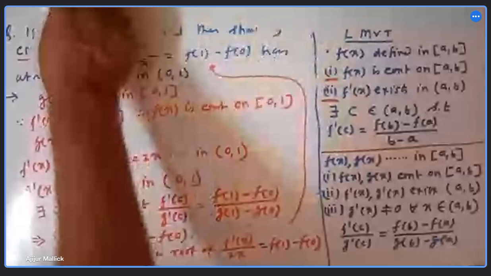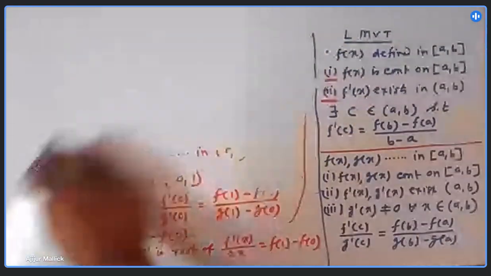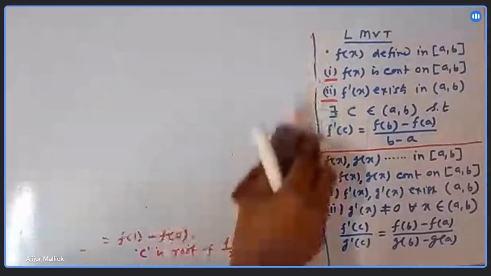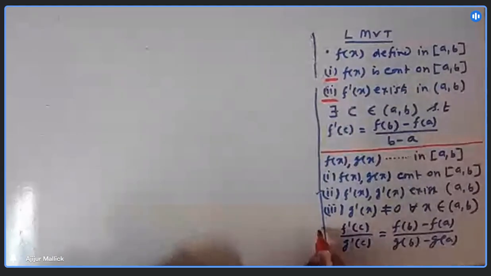Next, write a homework. But one thing, before writing homework, just write a note here. Just tell me, if in Cauchy's mean value theorem I take g x is equal to x, then what are we getting?